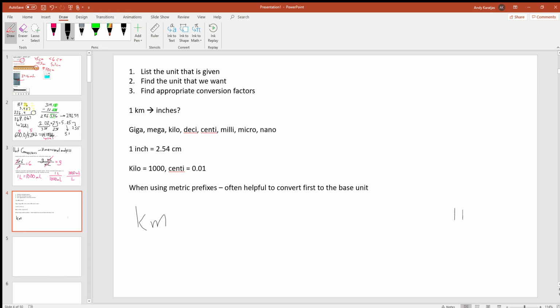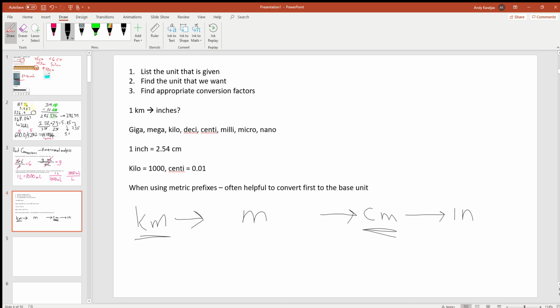We're trying to get to inches. So we can go from kilometers, and we know based on the information given that the easiest way to get to inches is to go through centimeters. So now we have two metric units, kilometers and centimeters. We need to get from one to the other. And we can do that by going through the base unit of meters.